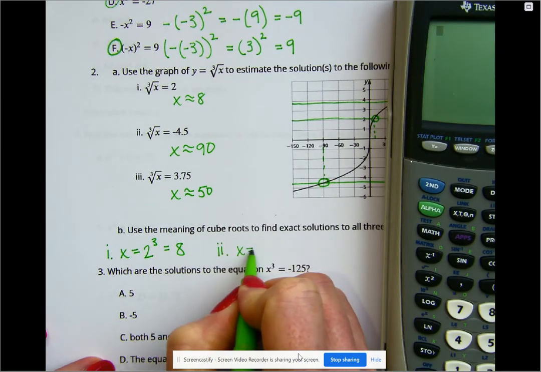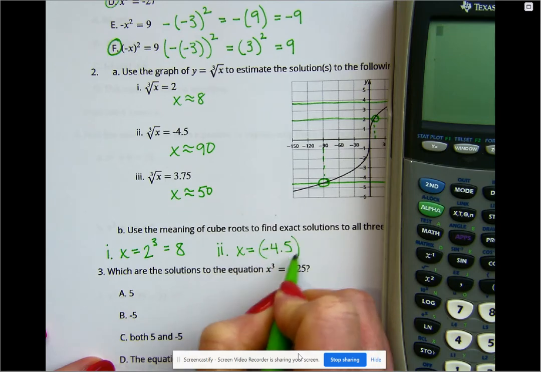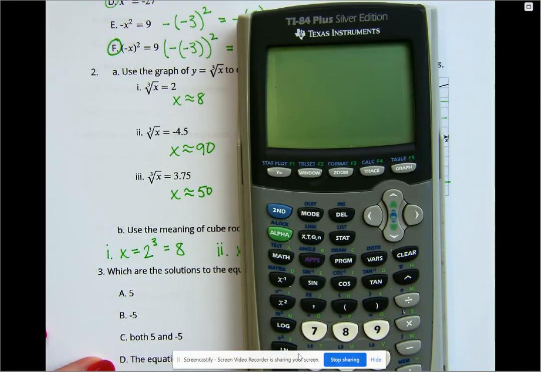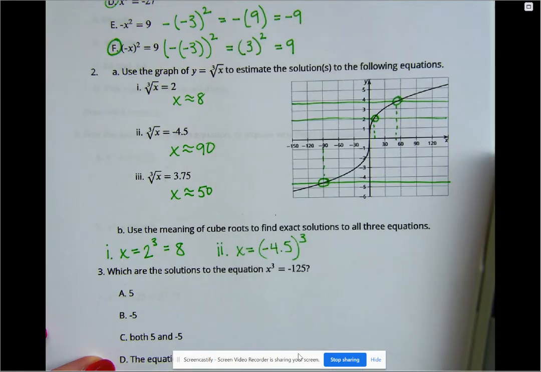For the second one, x is equal to -4.5 to the third. So -4.5 raised to the third, -91.125.